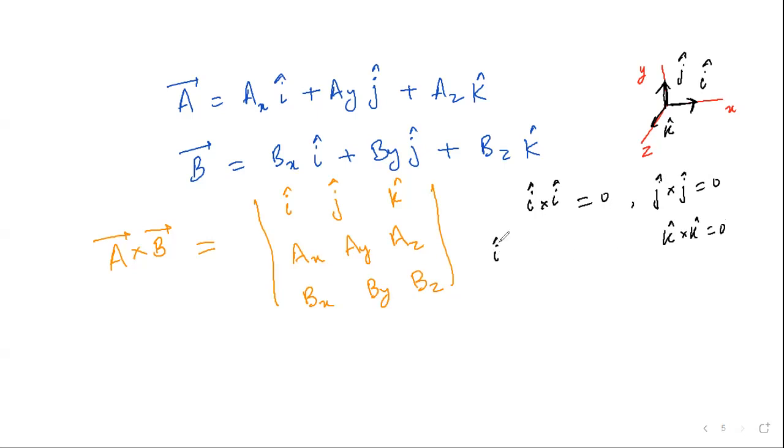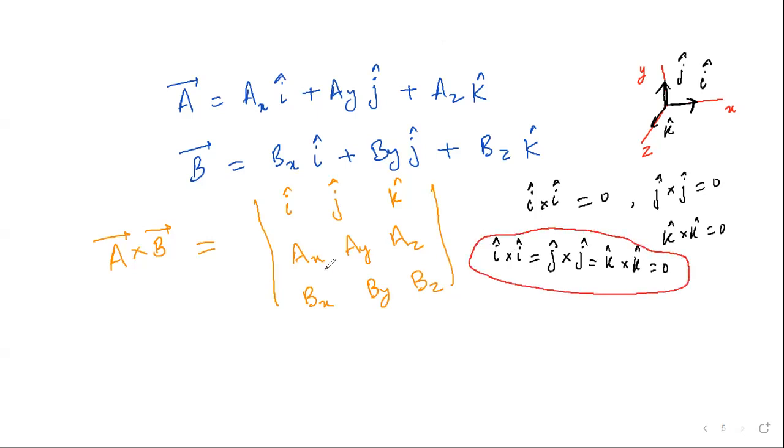So we club this: i cross i is j cross j is k cross k, all are 0. So you need to remember this, right?